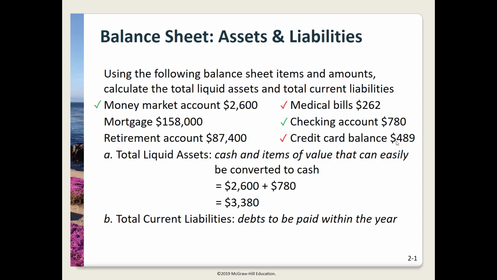And your credit card balance, you can't just wait till next year to pay. You're likely paying on a monthly basis. So some portion or all of this will get paid within the year. So when I add those two numbers up, we will get $751 for our total current liabilities. So as you can see, the math is not too difficult. It's really identifying the correct concepts that apply.